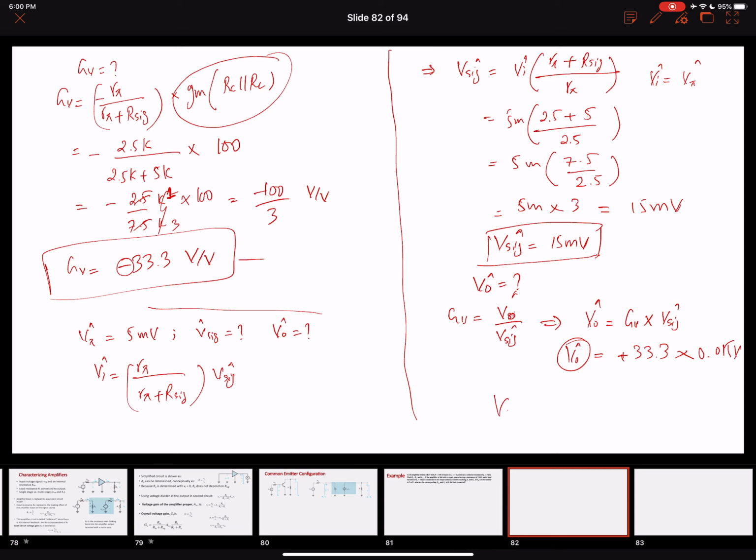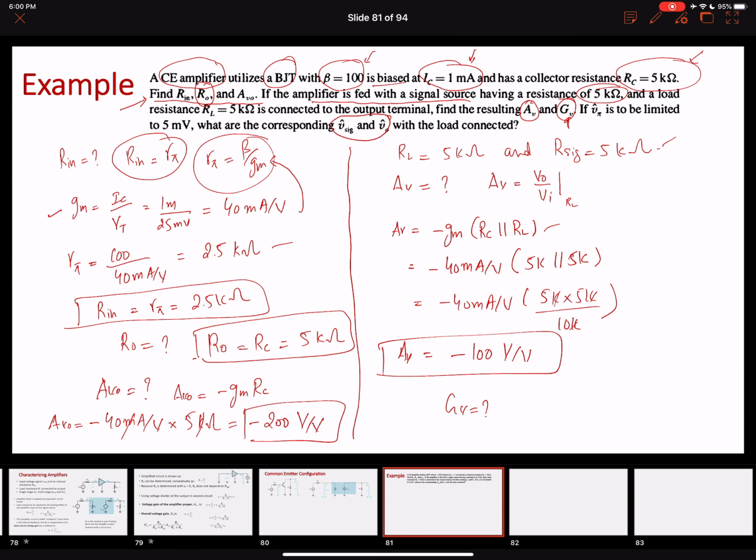If you multiply both of them, our V naught is going to be 0.5 volts. So this is going to be the output voltage of the amplifier when our V pi is limited to 5 millivolts. Our V naught will be limited to 0.5 volts.